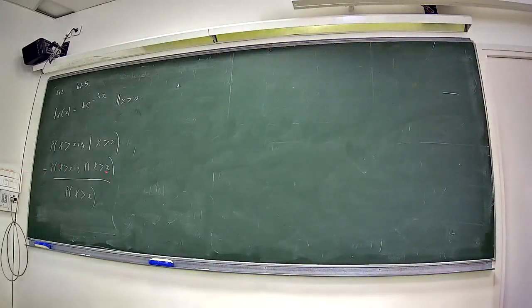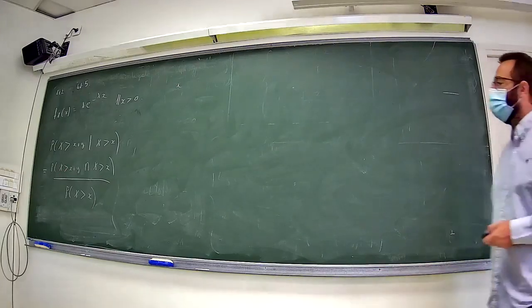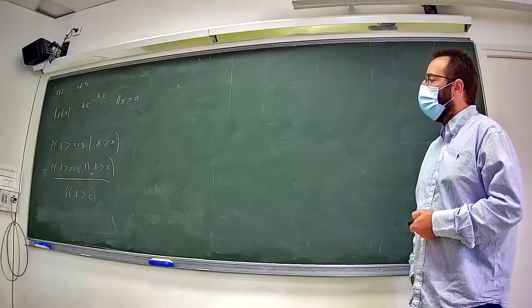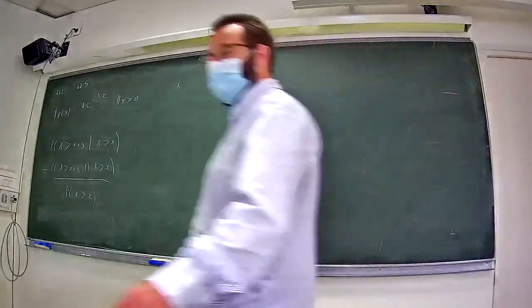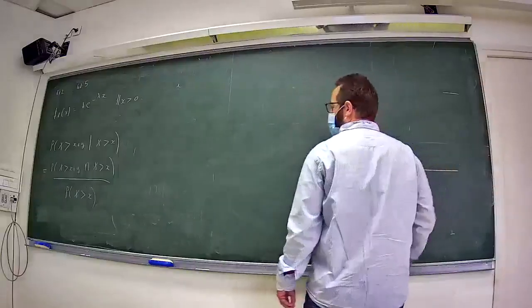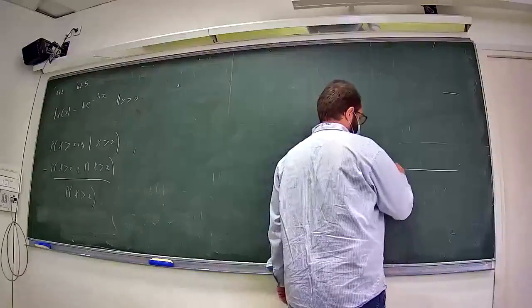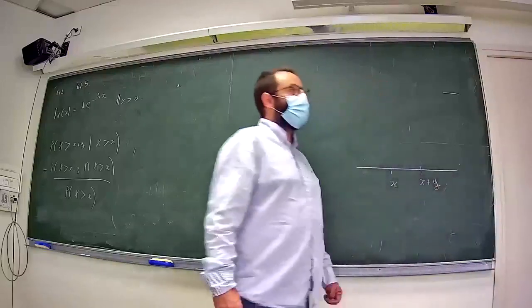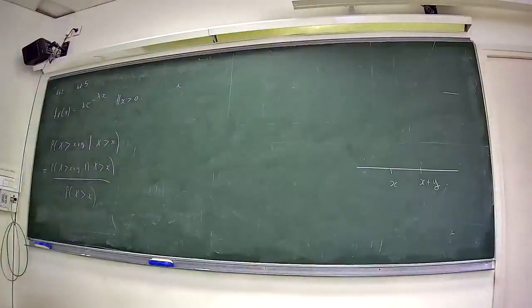What happens for the numerator here? X and Y are positive, so what can I say about this intersection? I have X, and I have X plus Y, because Y is positive. They may be equal, but whatever. They are always in this kind of order in the large sense.